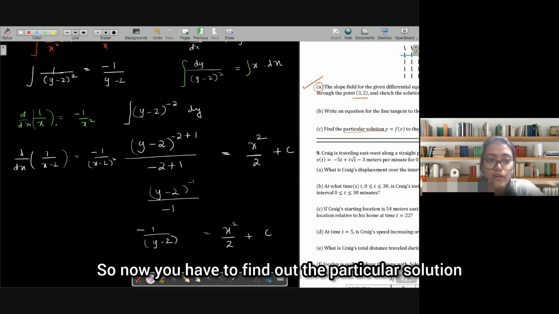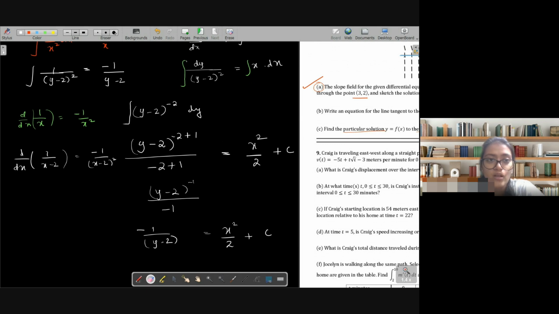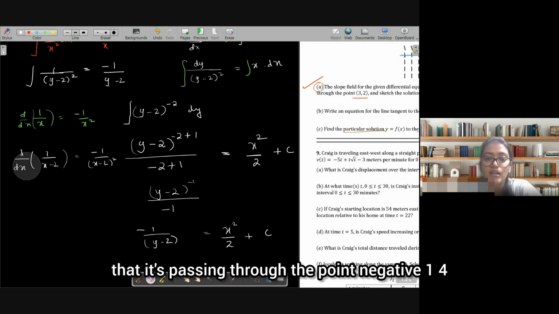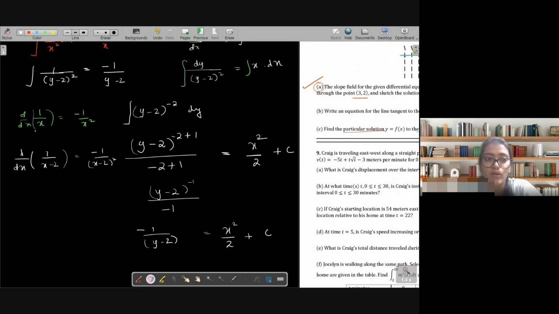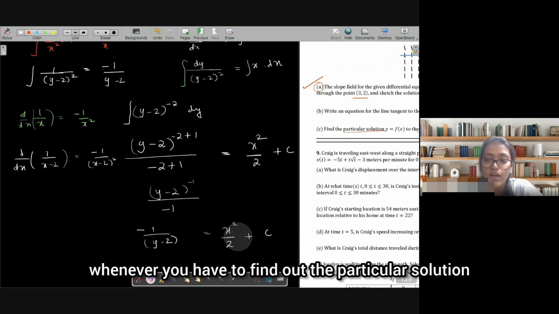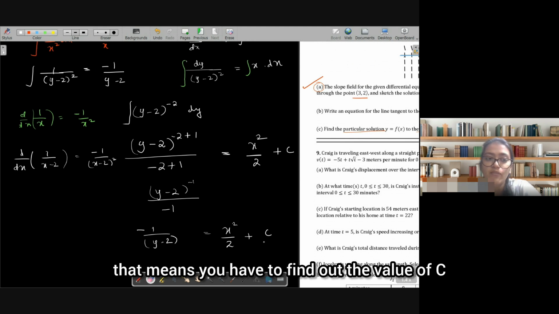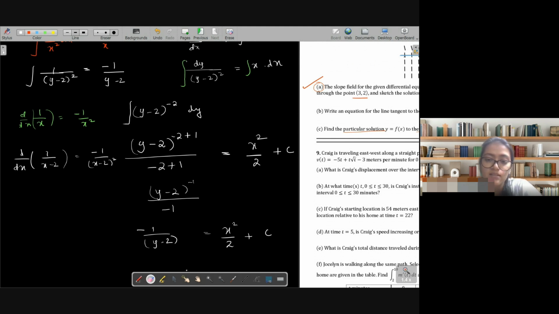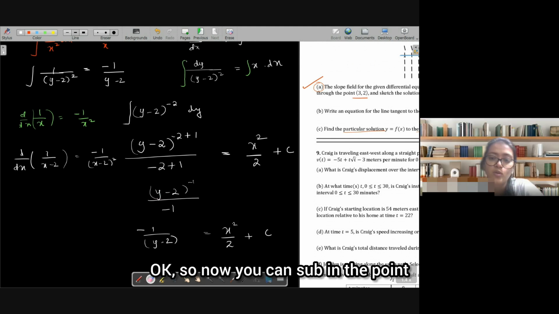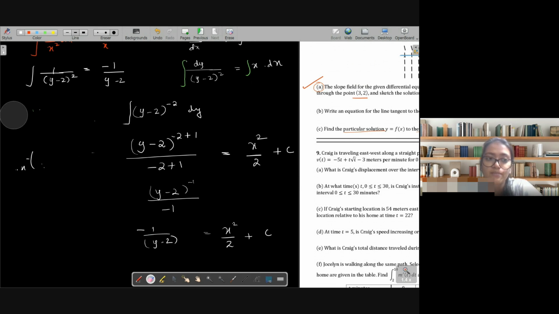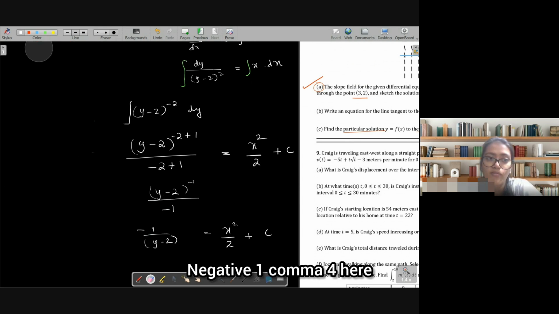So now you have to find the particular solution. You'll use the initial condition that was given: it's passing through the point negative 1, 4. Whenever you have to find the particular solution, that means you have to find the value of c. So now you can sub in the point negative 1 comma 4 here.